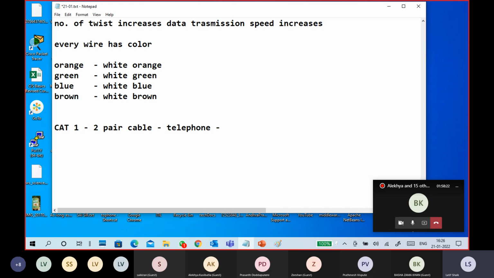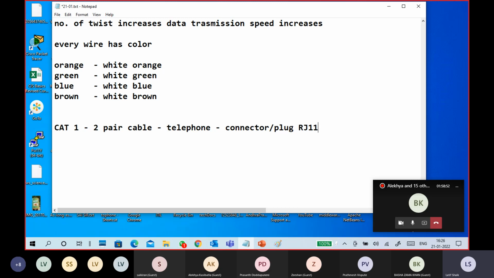Whenever you have a cable, there must be a connector, right? A connector, plug, or socket. A socket is the receiving part, and a plug is what connects to the wire. The standard for telephone cables is RJ11.